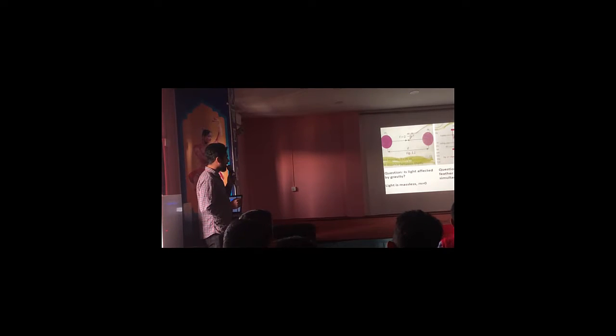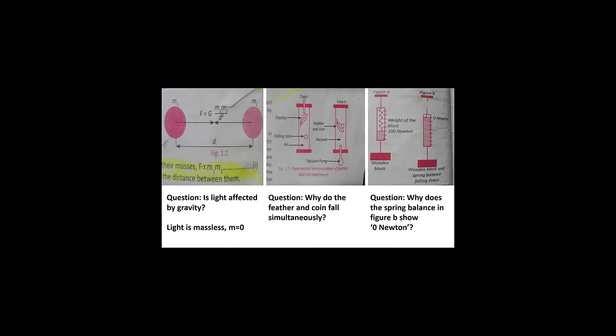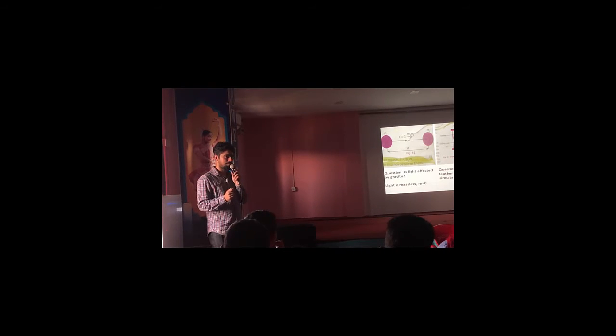Now, if you calculate the force of gravity between Earth and light, I think you will naturally use that formula. G m1, where m1 is the mass of Earth, m2 is the mass of light, divided by d square. If any of m1 and m2 is 0, what will be the net gravitational force? Yes, 0, according to this formula, right?